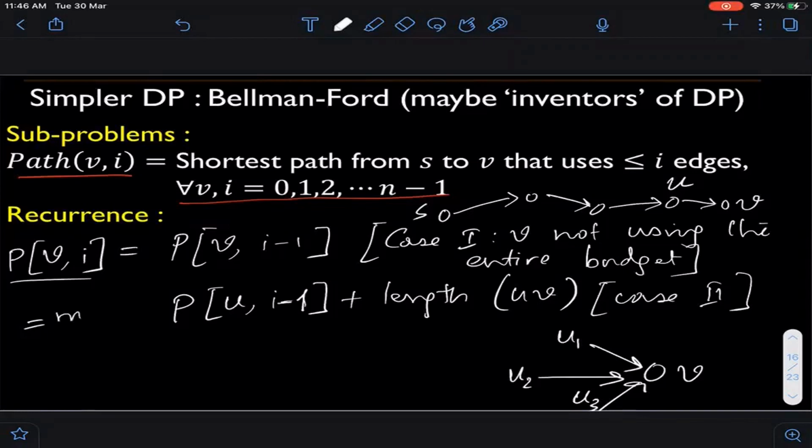You take a minimum over all UV belonging to E of this quantity. Okay? And for the whole recurrence, you have to take the minimum between these two. Everyone digested this?